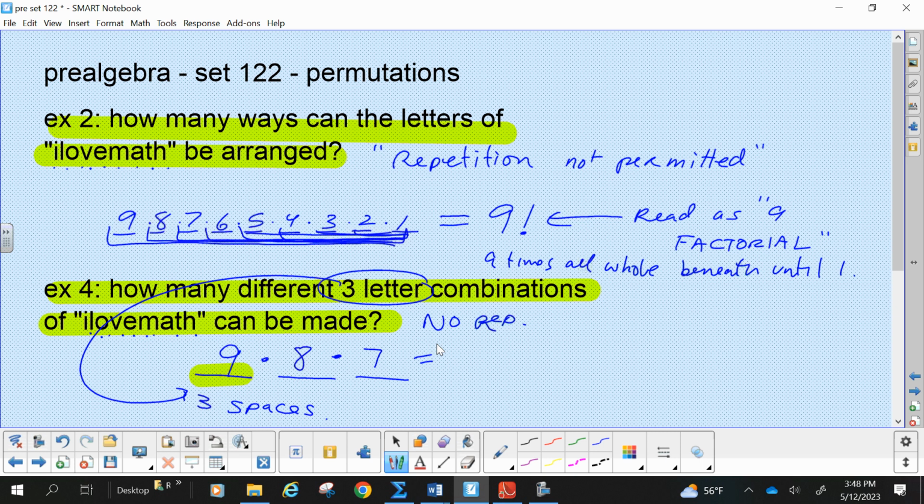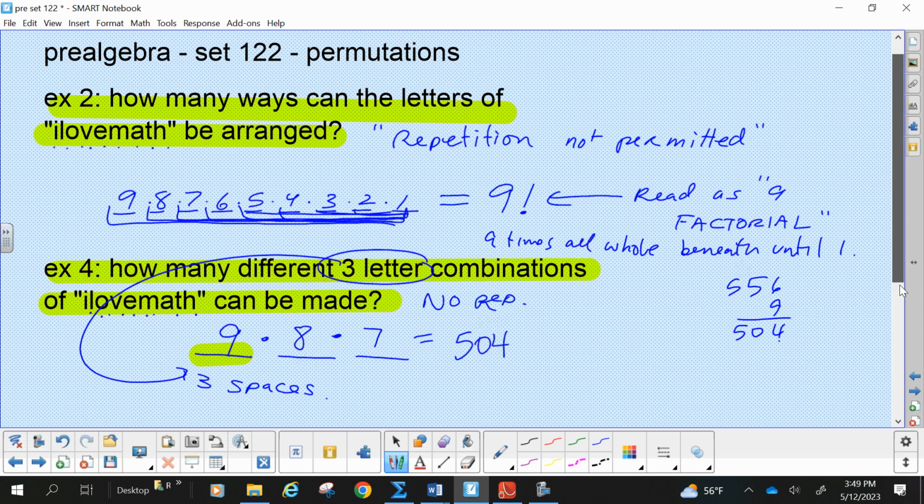You would just multiply. 8 times 7 is 56 times 9 is 504. There are 504 different ways to take 3 letters from I Love Math and make an arrangement. And you can see why you don't do the tree diagram for this type of case, because that would be a lot of branches to the tree, yeah?